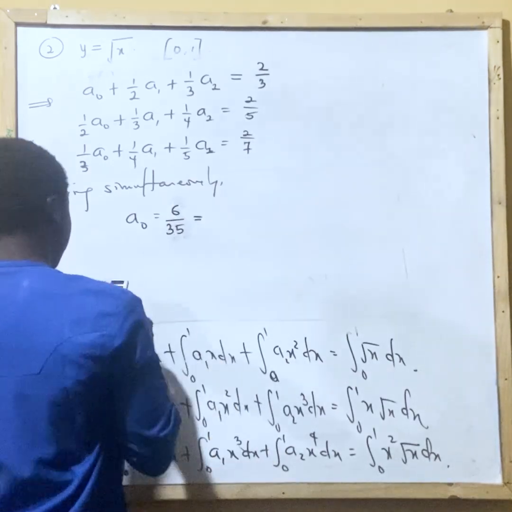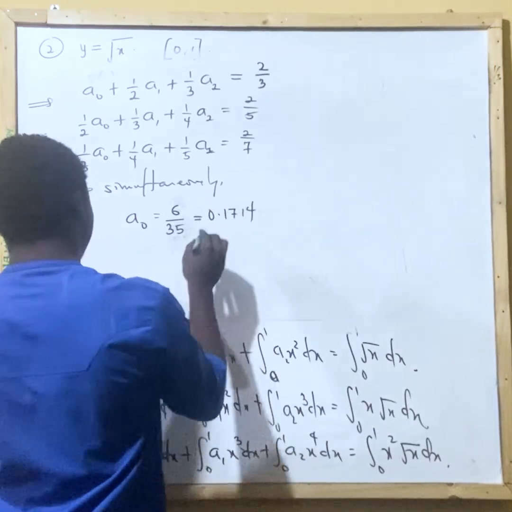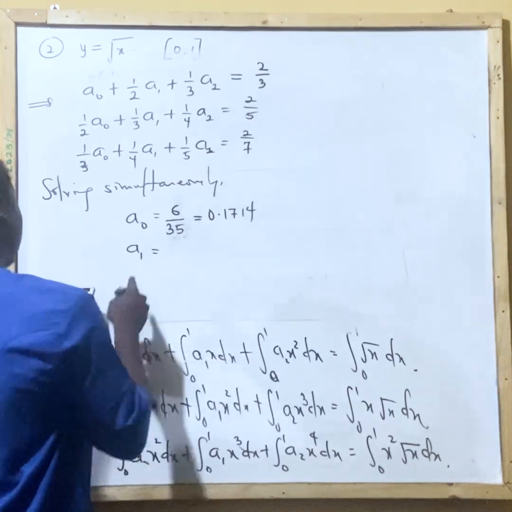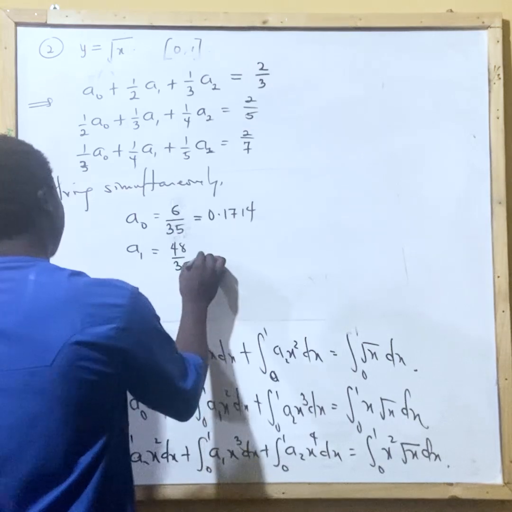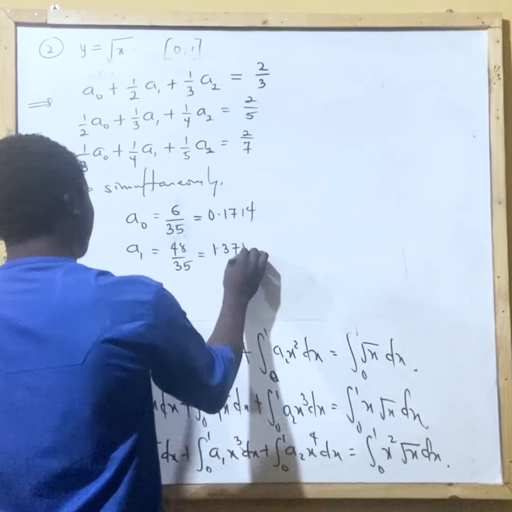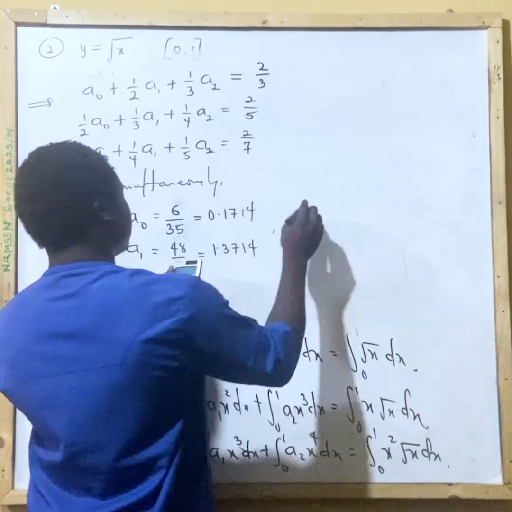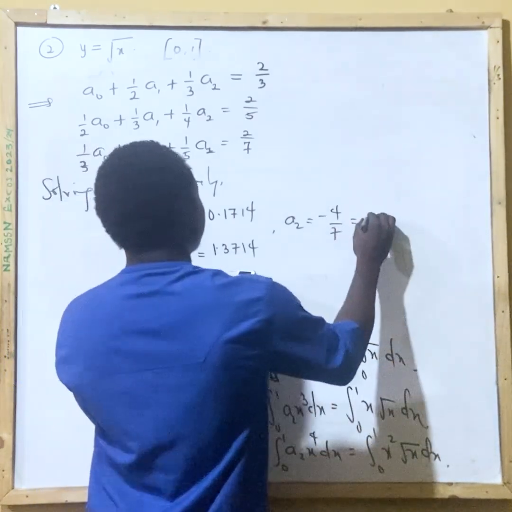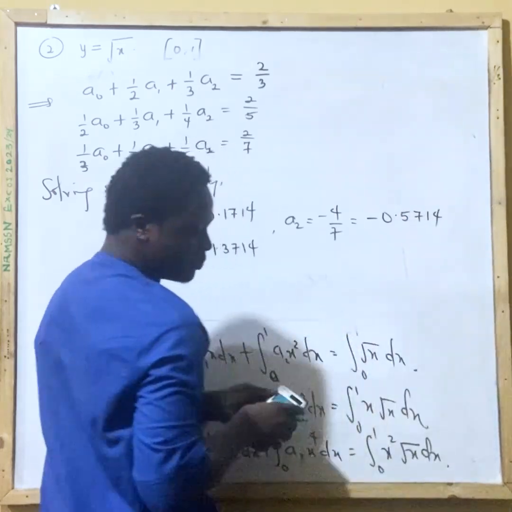Then in decimal we have it to be 0.1714 to 4 decimal places. A1 is 48 over 35. In decimal we have it to be 1.3714, and then A2 is minus 4 over 7. In decimal it is minus 0.5714 for 4 decimal places.